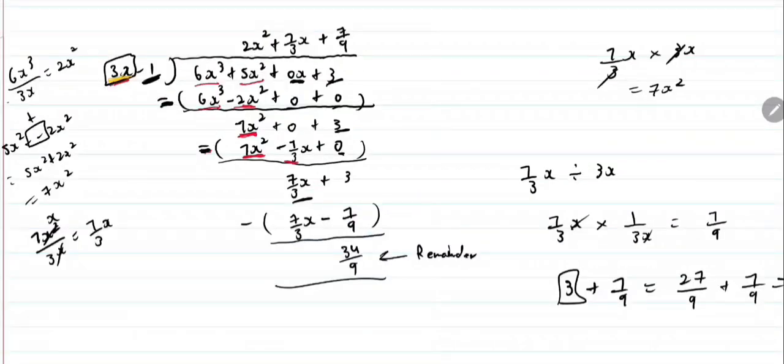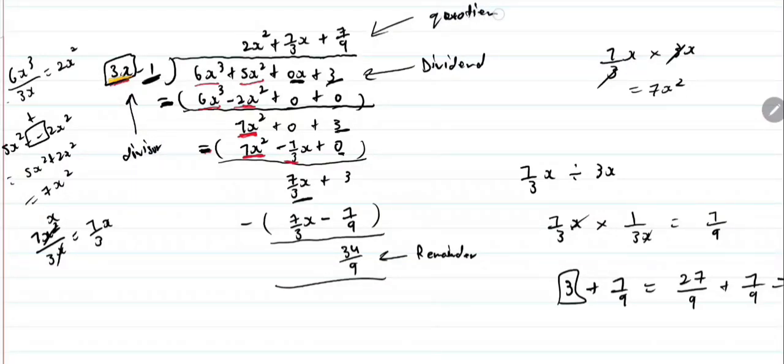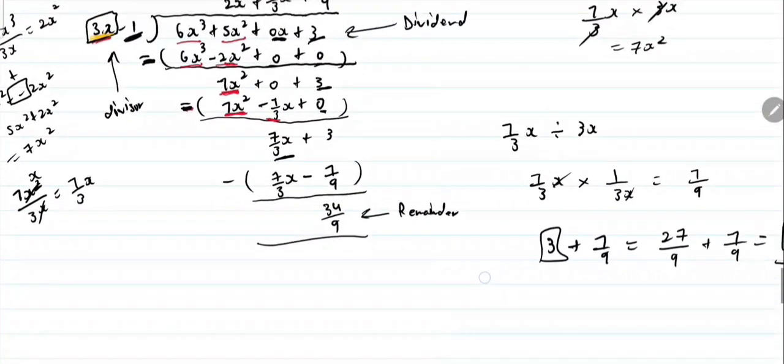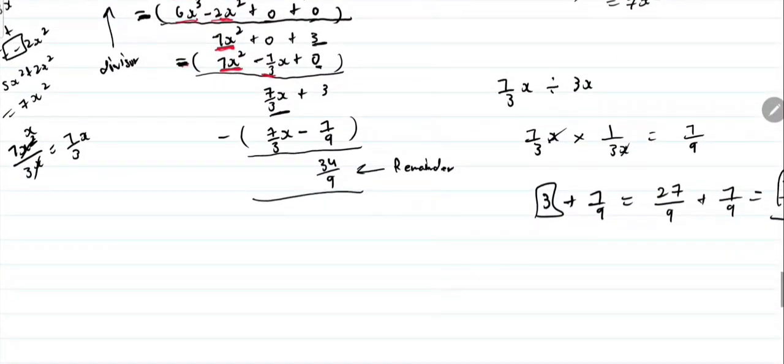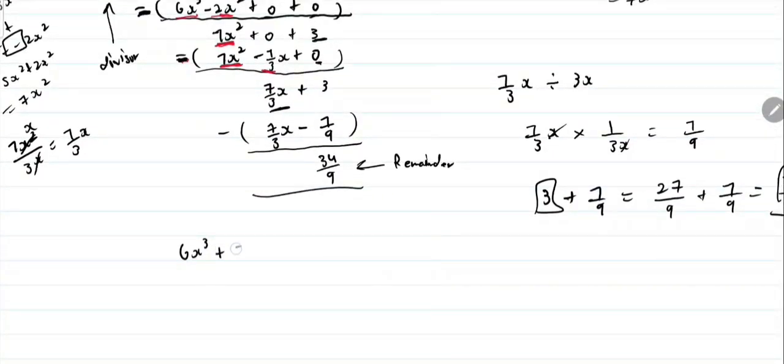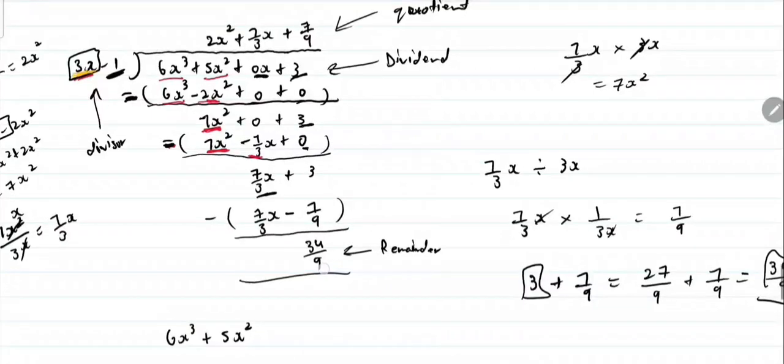Alright, let's set down our answer now. First, let's label everything. This is my dividend. Dividend. This is my divisor. This is my quotient. Quotient, right there. Alright, remember, dividend over divisor. So that's going to be 6x cubed plus 5x squared.